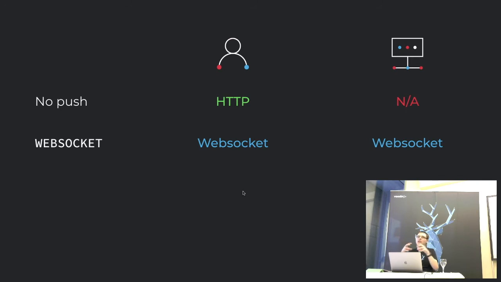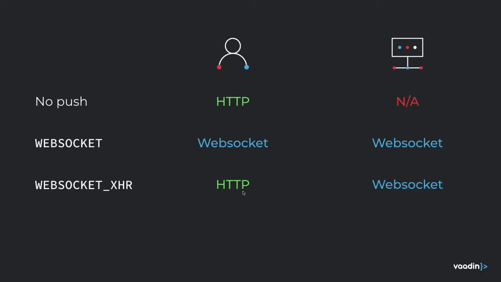All that communication goes to one single WebSocket. This is usually good, but there are some edge cases when WebSockets are slightly fragile, and then it's quite bad if nothing works. So there's also this alternative, WebSocket XHR, which is just mixing WebSockets and HTTP requests.